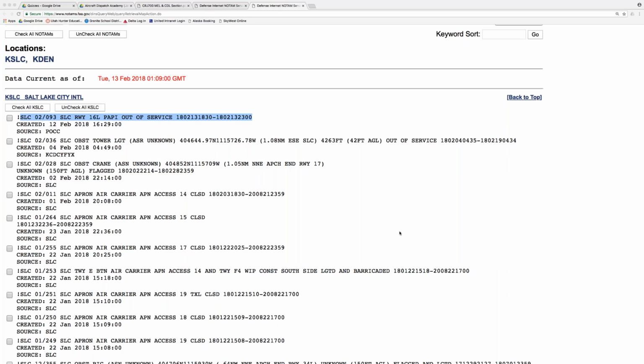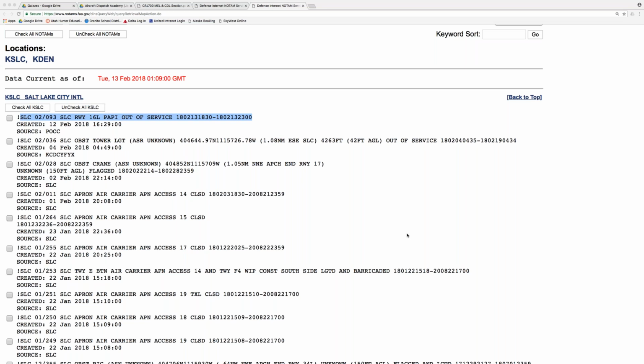All right. So let's see who wants to decode this NOTAM that's highlighted. Can I? Go ahead. So this one is for Salt Lake City International. It's the second month, and there have been 93 NOTAMs in the second month.